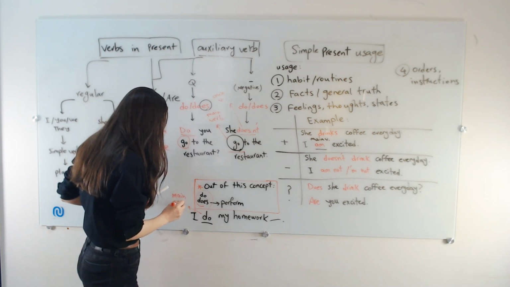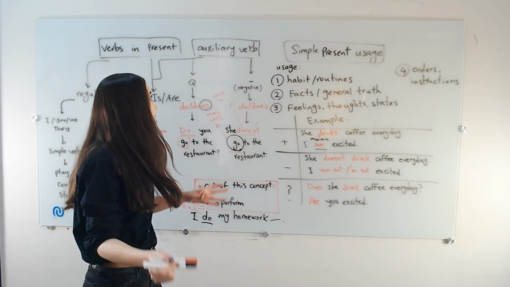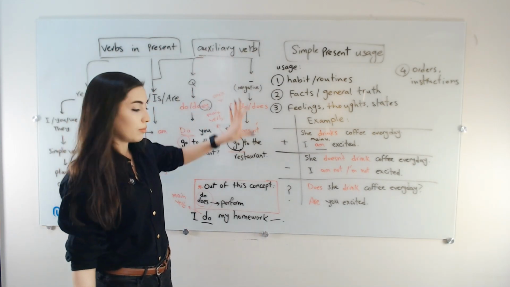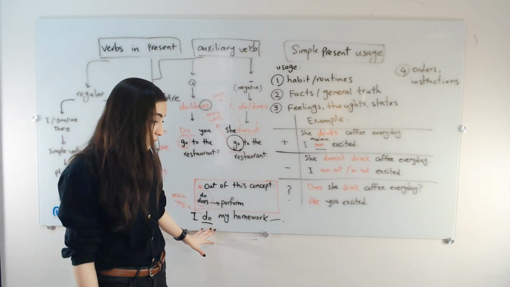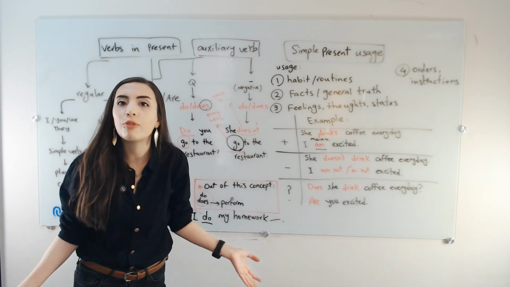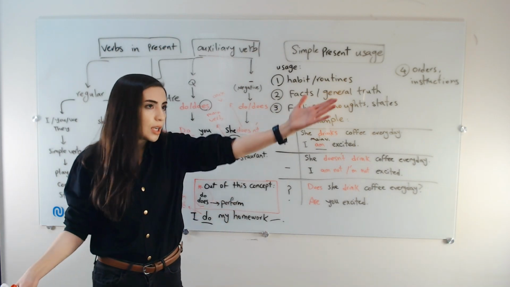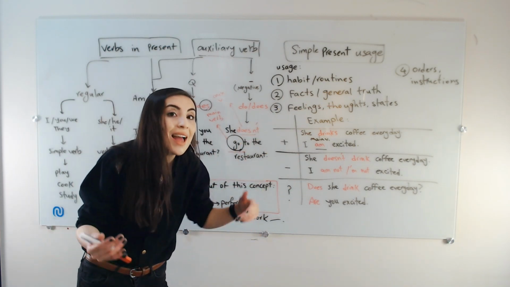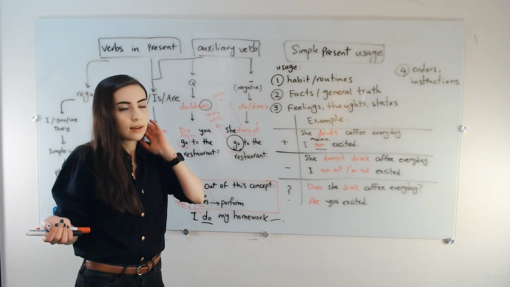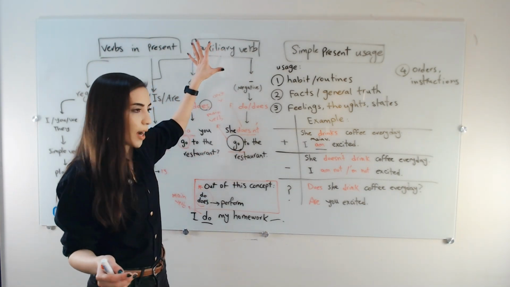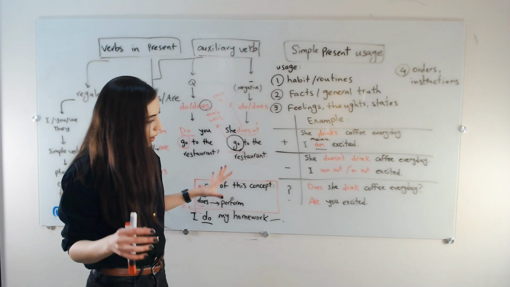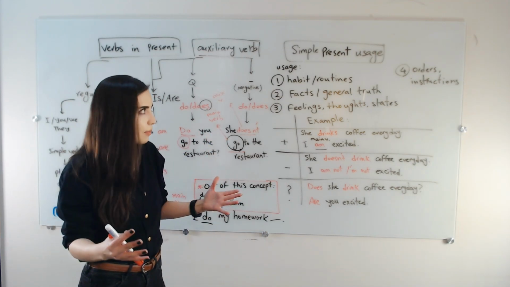If it's not an auxiliary verb, it would be the main verb, in which the meaning would be to perform. And the same with does. For she, the sentence would be, she does her homework. Out of the auxiliary verb concept, do and does would be the main verb, as in performing something.